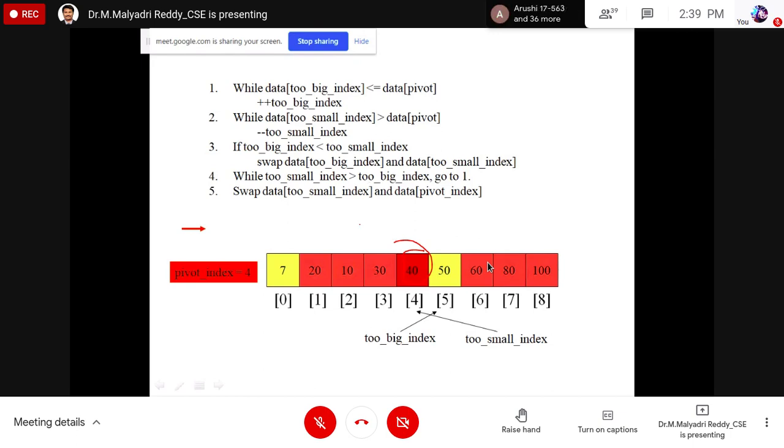So again we get two subproblems: this is one, and this is one more. The same procedure is applicable to both sides until you complete the array. So this is the quicksort analysis.